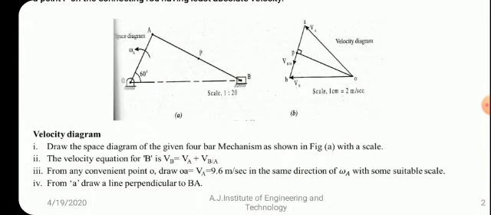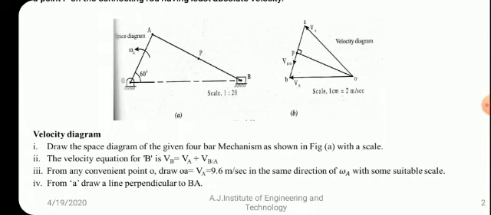In the same direction of omega A, you draw a line exactly perpendicular to the link OA. From A, draw a line perpendicular to BA.